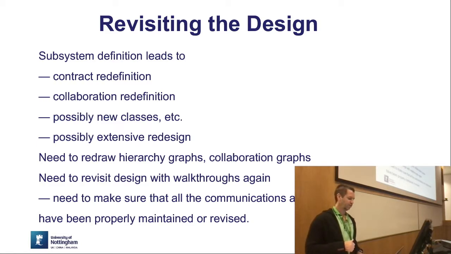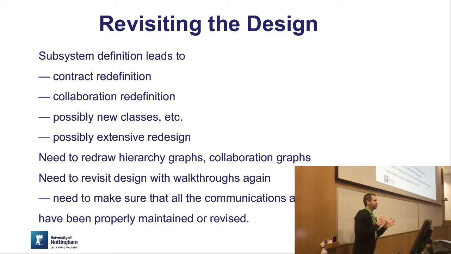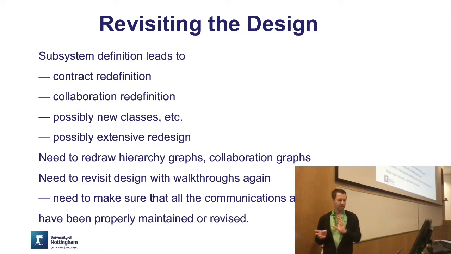We may have introduced new classes, especially the interface classes for subsystems. So we may have to redraw a lot of our original drawings, right? The hierarchy graphs might change, collaboration graphs will change, and we'll have to start from the beginning and update all of our documents and documentation in our design to incorporate these new subsystems that we introduced.